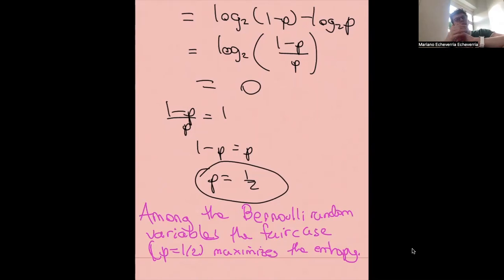So in the general case, it's not just two outcomes, right? Because in the Bernoulli case, the two outcomes were 1 and 0.